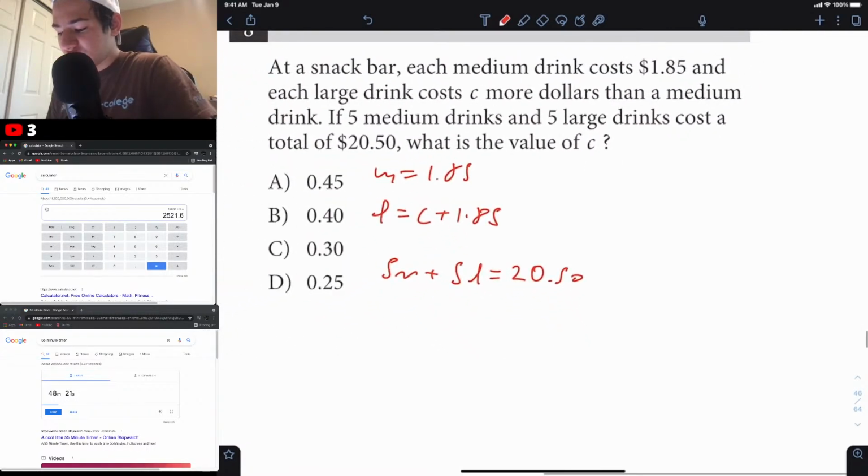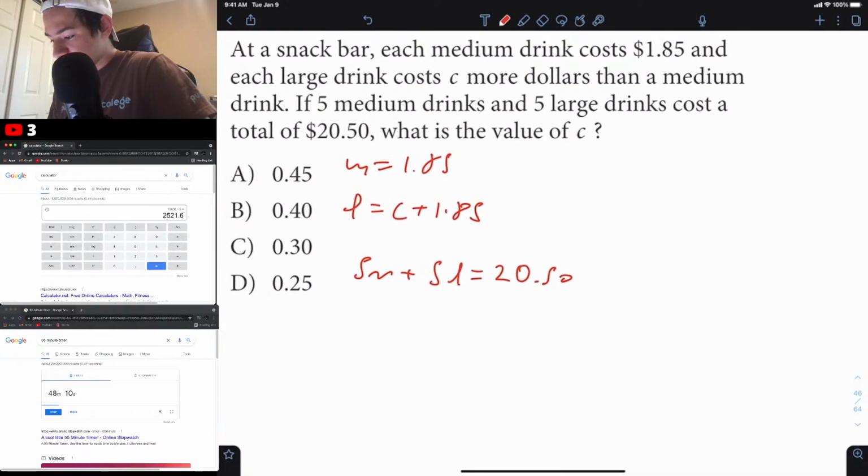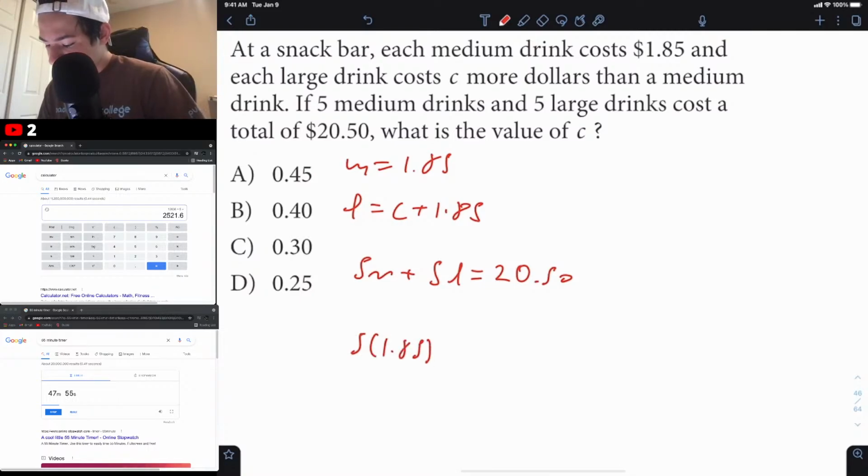So now we have our system of equations, and we can solve pretty easily. We want the value of C here. So let's go ahead and plug in 1.85 for M. So we get 5 times 1.85 plus 5L equals 20.50.